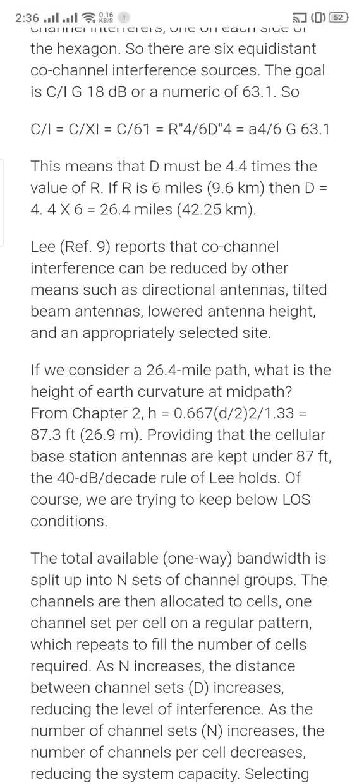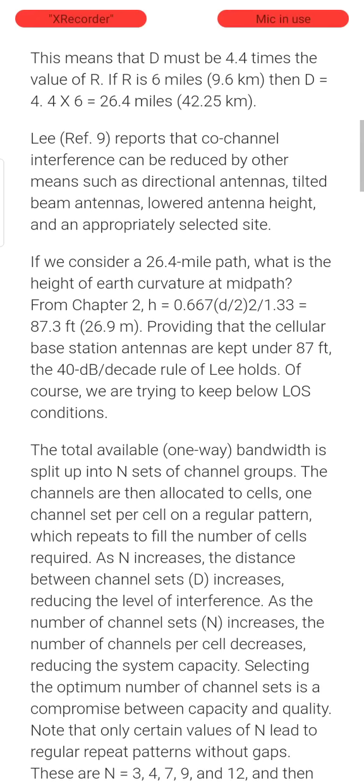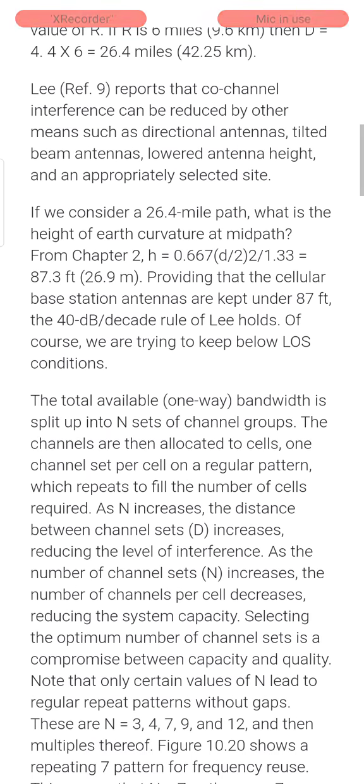As the number of channel sets n increases, the number of channels per cell decreases, reducing capacity. The number of channel sets is a compromise between capacity and quality. Note that only certain values of n lead to regular repeat patterns without gaps.